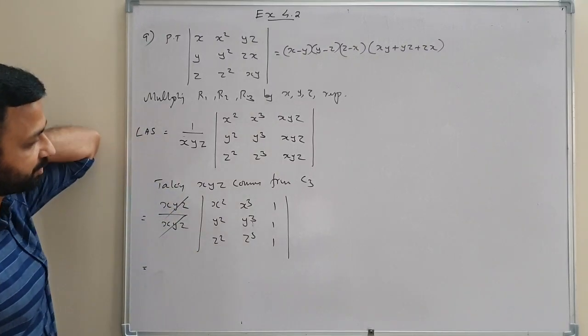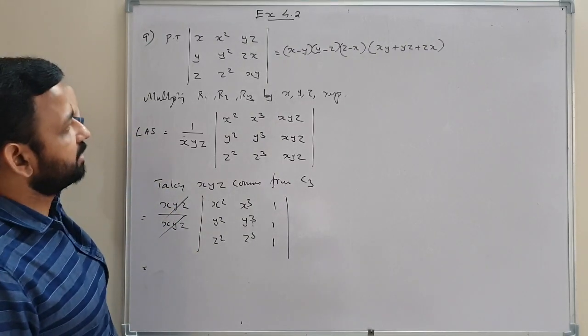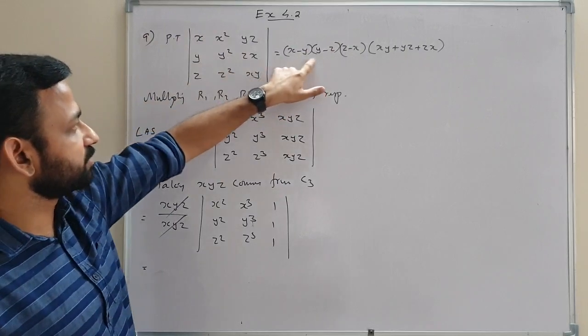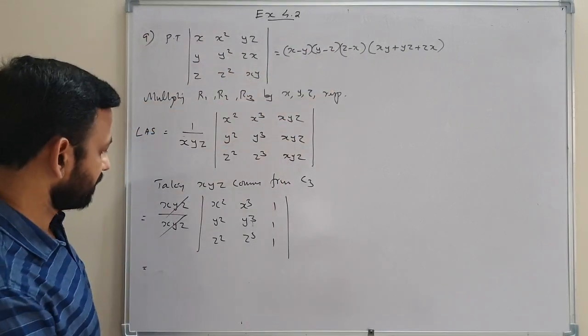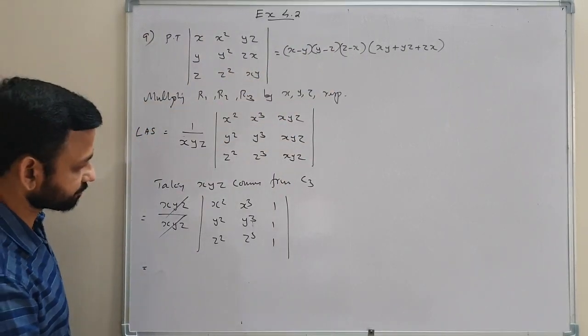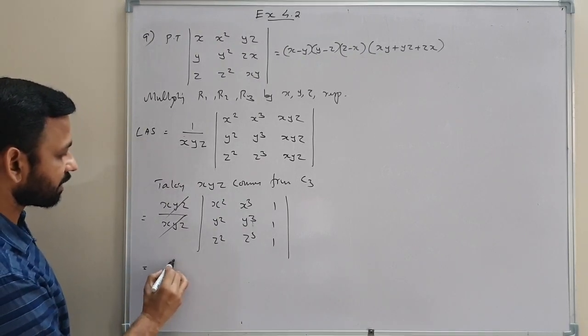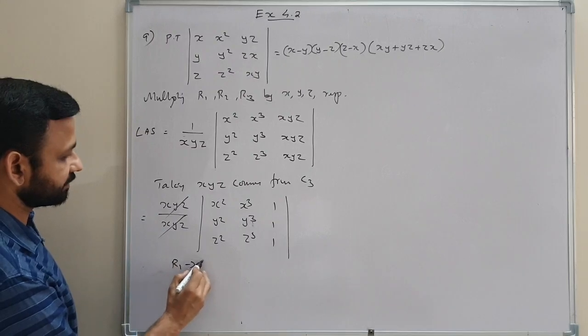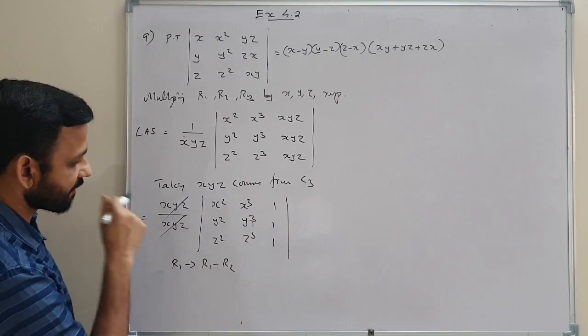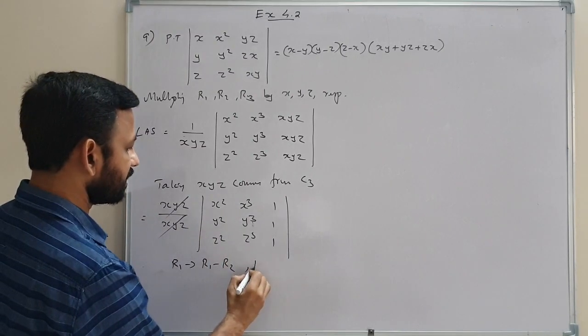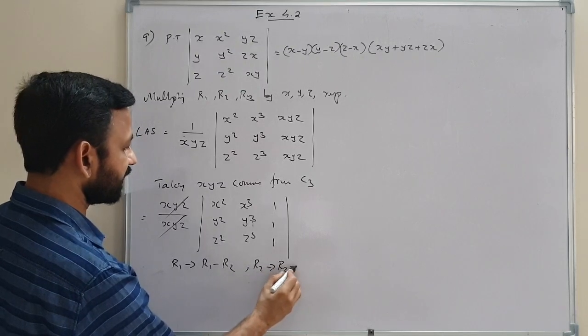If you want to make two zeros, then we want to get x minus y, y minus z, etc. So we can do this operation: R1 goes to R1 minus R2 and R2 goes to R2 minus R3.